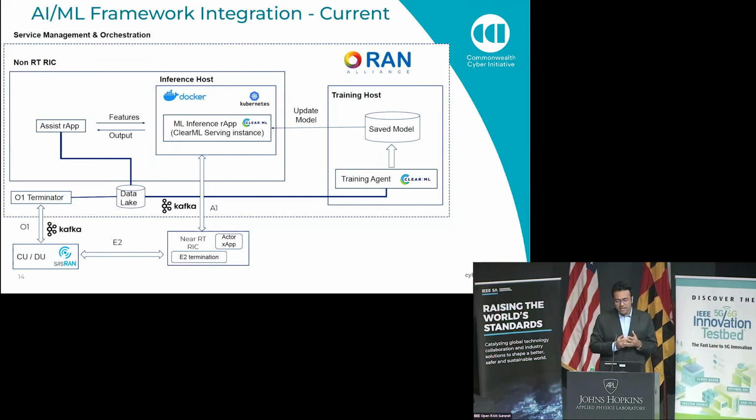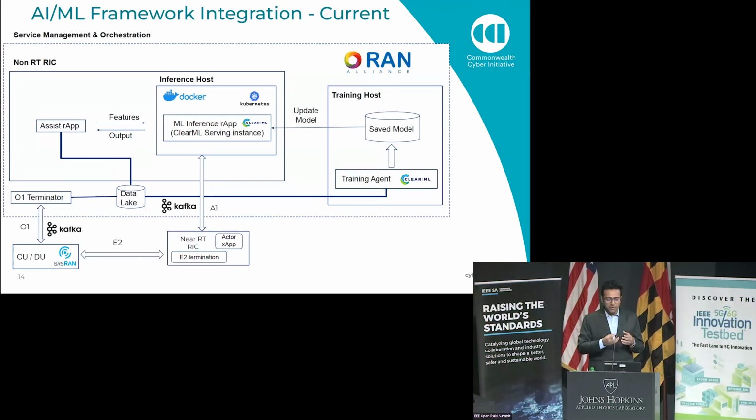Inside the inference host, we have the ML inference rApp, and there is a data lake where the overall data from the RAN is collected and stored. From that data lake, we use an assist rApp. This is something Shankar was also pointing to: when you want to use some inference rApp, the input has to be compatible with it.